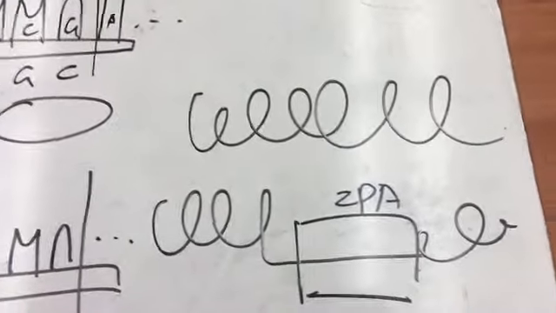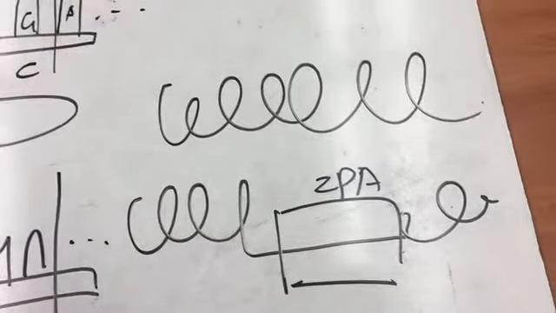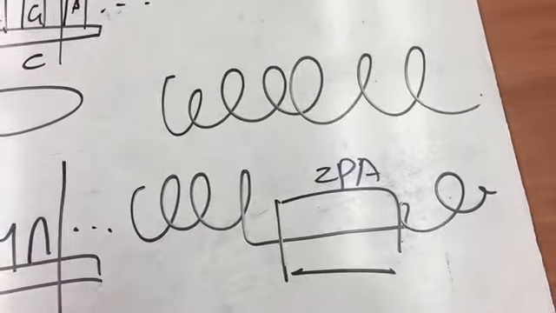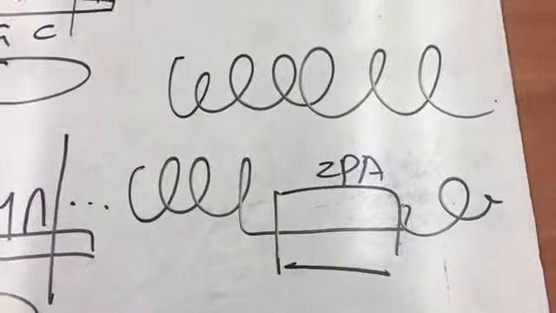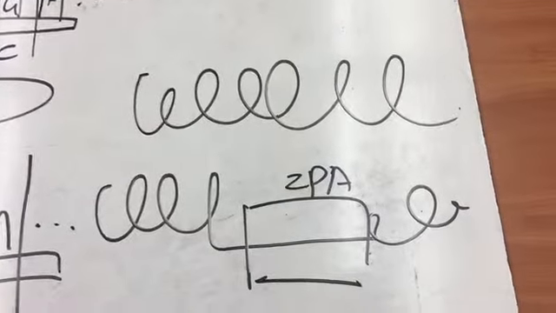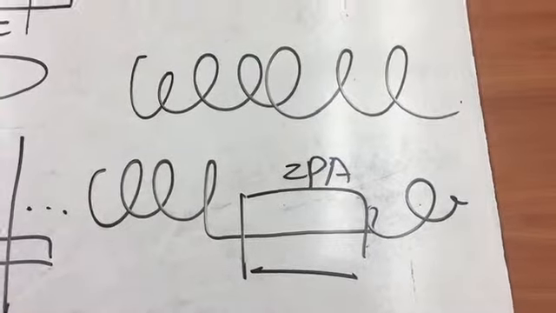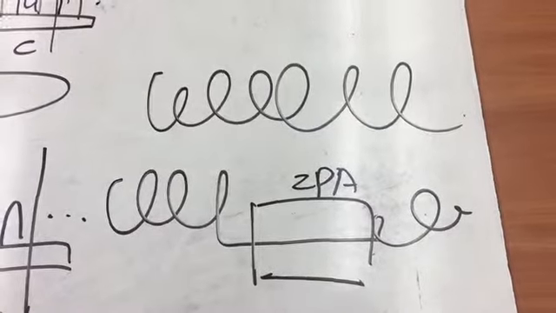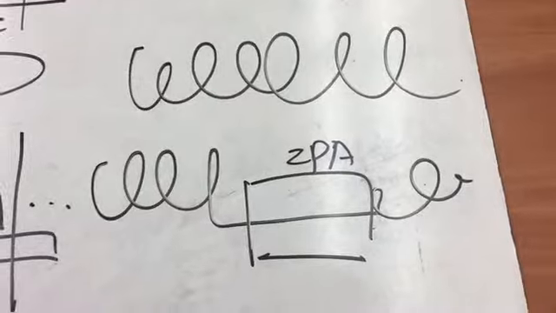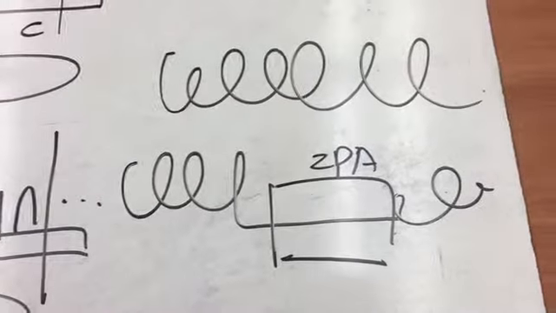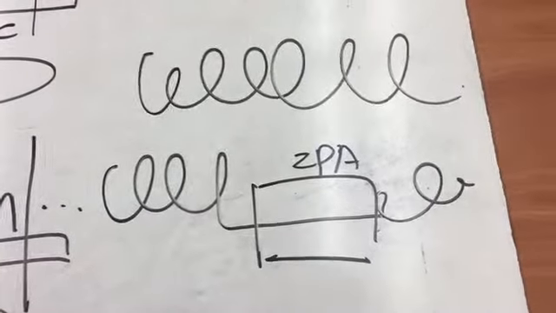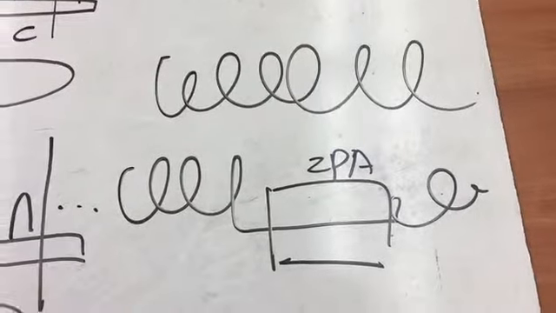Then it's rolled again, and it will never be unrolled and read again. But what if some chemicals or vitamin A or something like that cause the whole DNA to unroll again, then it is read again, and new proteins and new organisms will start forming. That is physical mutation.